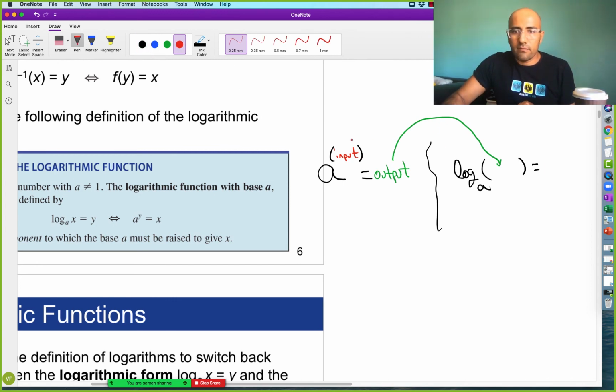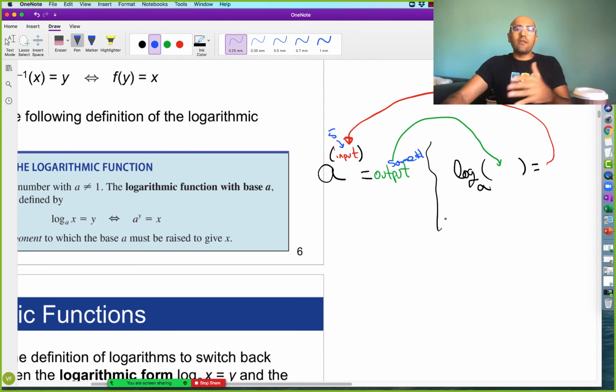So it's sort of a round trip. Just to arbitrarily pick a number, if I started out with 5 going in there, it's going to give me some number here. And we take that number and plug it in here. And then the output is going to be 5 again. They undo each other.